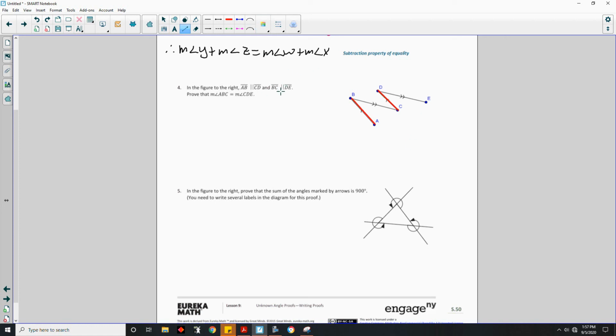And segment BC is parallel to segment DE. Like so. So the two blue line segments are parallel, the two red segments are parallel. They want us to prove that the measure of angle ABC, which is right here, is congruent to the measure of angle CDE, which is right here.